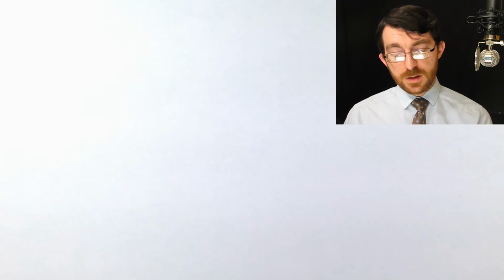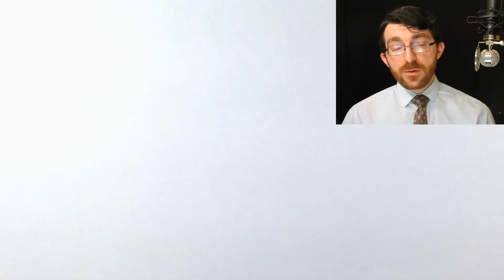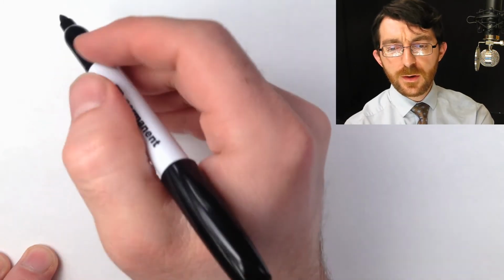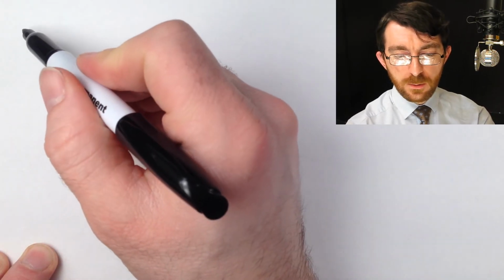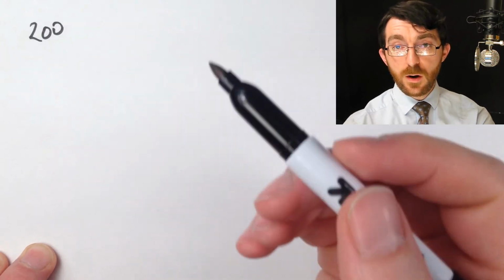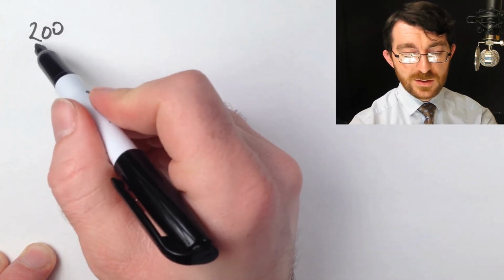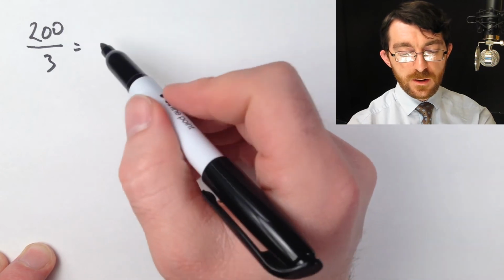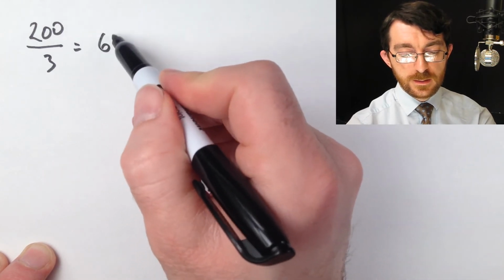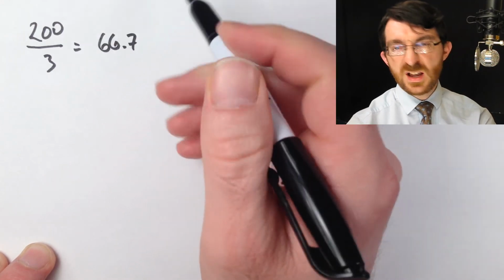So I unfortunately chose a number that can't evenly be divided into thirds. However, that only matters for cars. So for voltage and current and stuff, that could be decimals. That's not a problem. So if I've got a total of 200 cars, and I divide that into thirds, each third of 200 is going to be 66.7, I guess we could say.